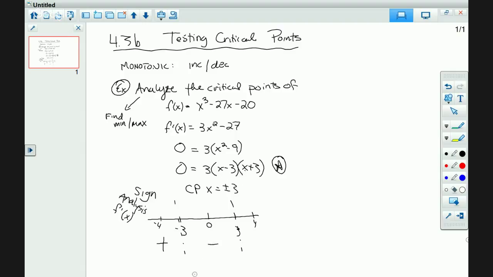And if I plug 4 in, I get a positive and a positive. What happens when we're going from positive to negative? Maximum. Up to down, we have a max. And down to up, we have a min.